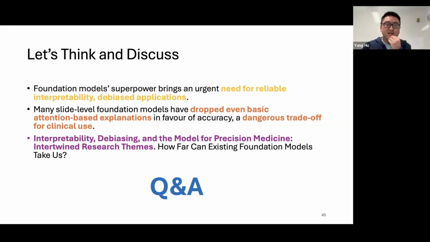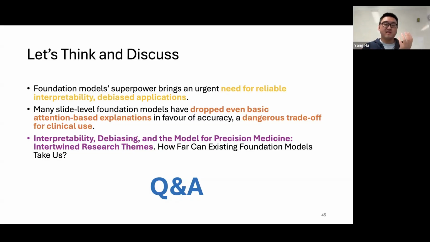Interpretability, debiasing, and models for precision medicine cannot be considered separately. They are highly associated, highly correlated research topics.